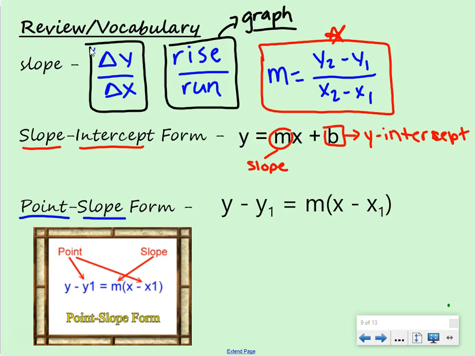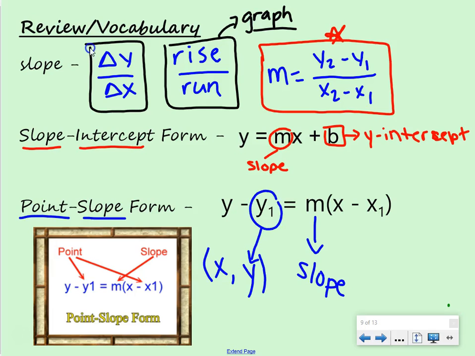So if we look at our equation, the slope is still m. And your point, your coordinate point, which you need x and y for, come from y1 and x1. That's your point.